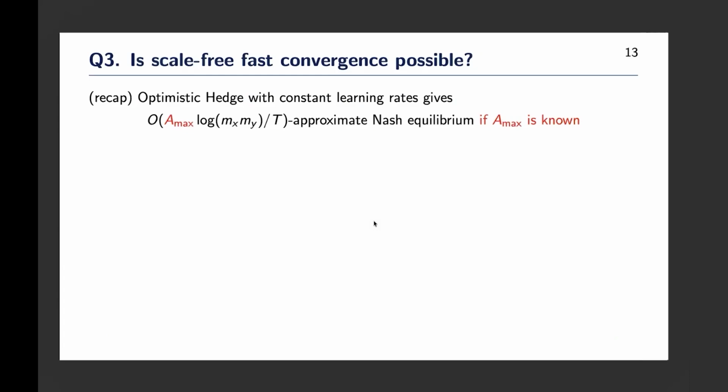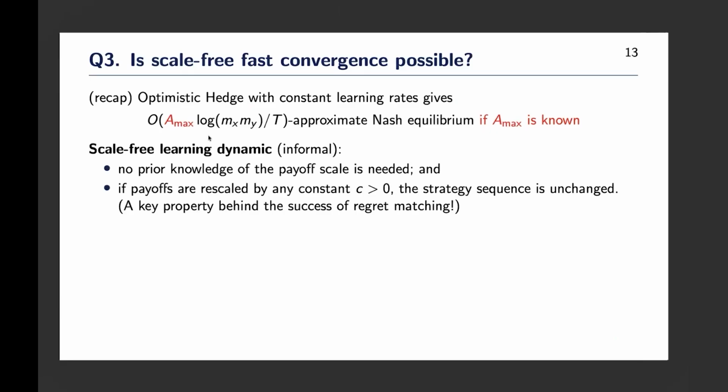And the final question was, is scale-free last-iterate convergence possible? Recall that what is known in the literature is that if A max, which is the range of the payoff matrix, is known before the game starts, we can get this convergence rate.